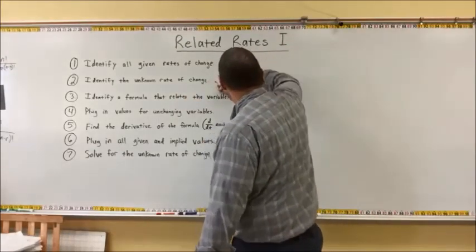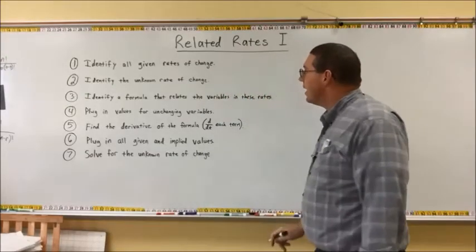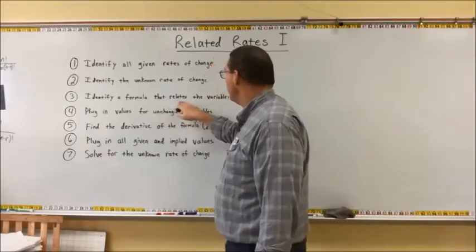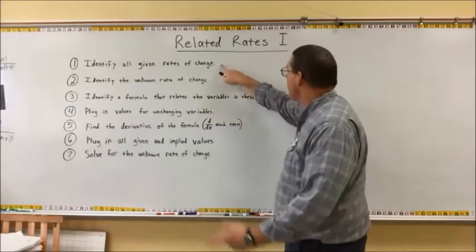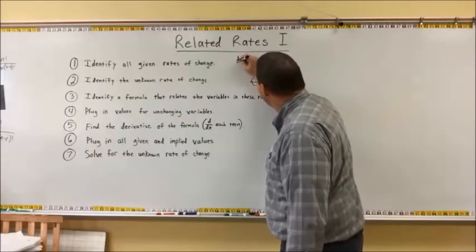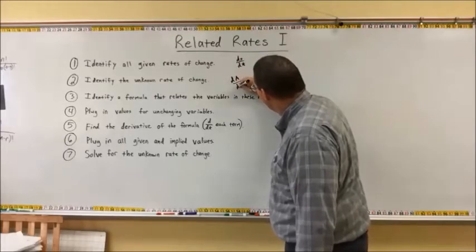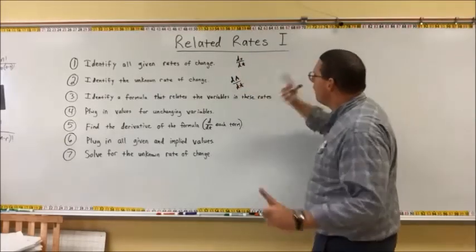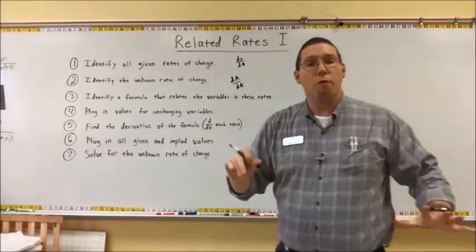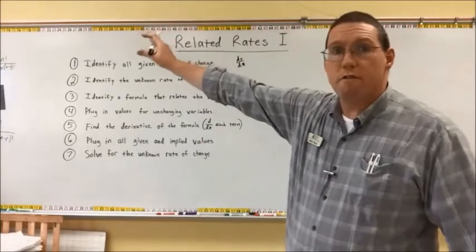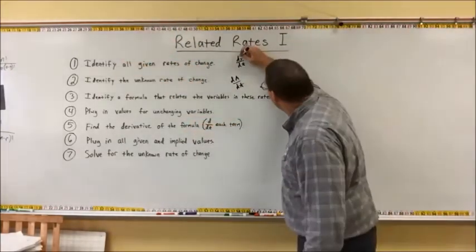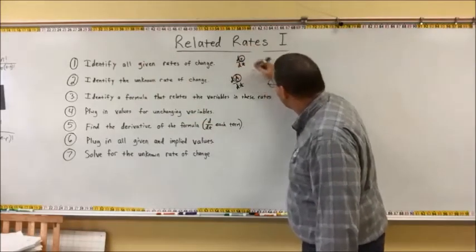All right, what about step 3 here? Step 3 says identify a formula that relates the variables in these rates. So if this one is dS/dt and this one is dA/dt, what we're looking for is some mathematical formula in the universe of math that relates this variable to this variable.